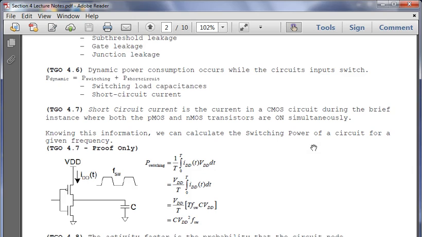So on 4.7, you want us to do the proof on the chart at the bottom right. And this is a classic equation, CL times VDD squared times the switching frequency.